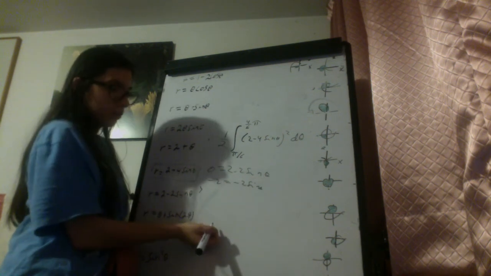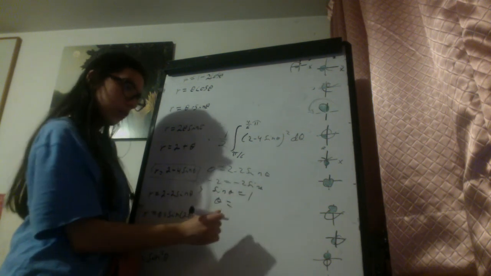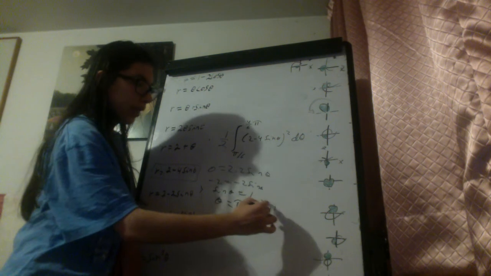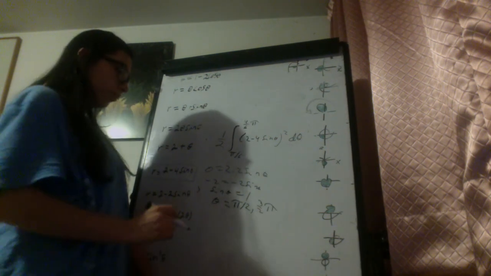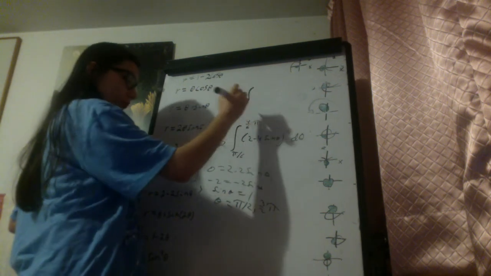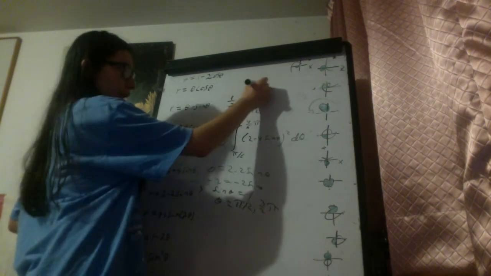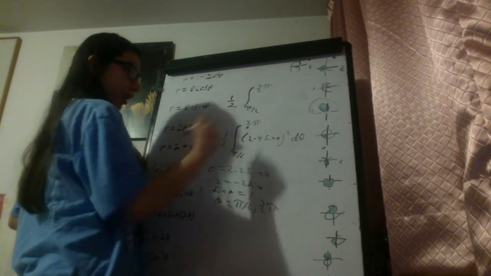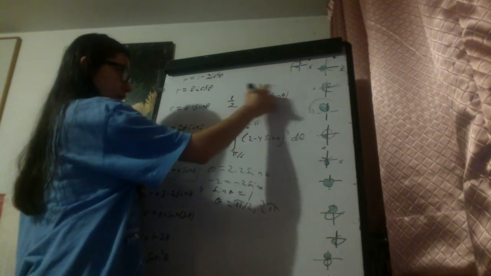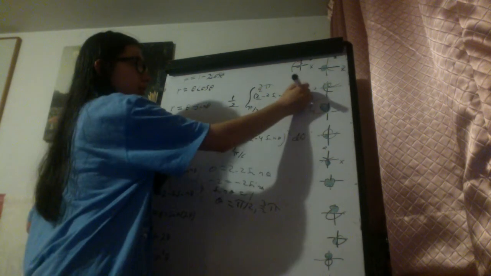Sine theta is equal to 1, or theta is equal to pi over 2, 3/2 pi, etc. So here we have 1/2 of the integration from pi over 2 to 3/2 pi of 2 minus 2 sine theta, all this squared, d theta.